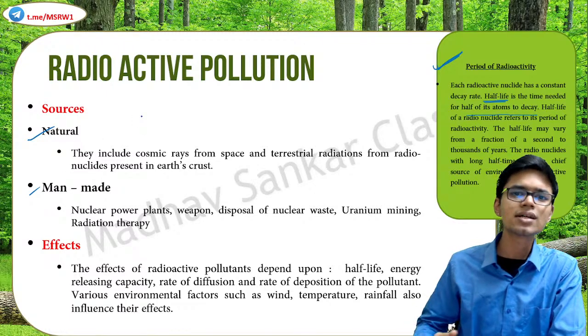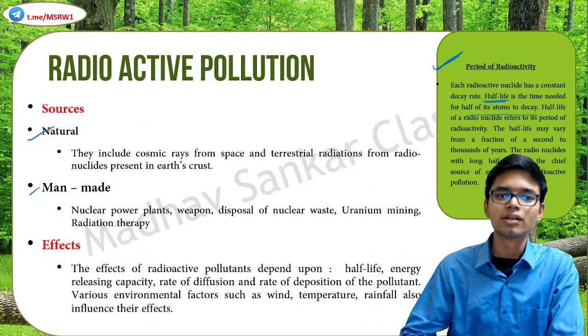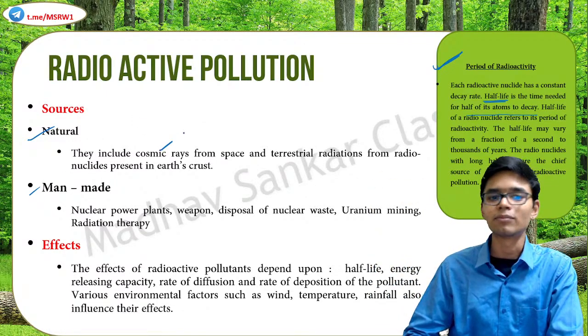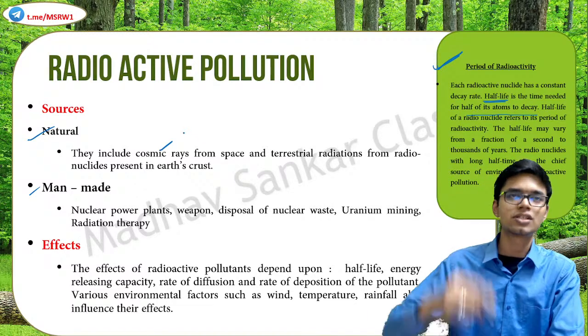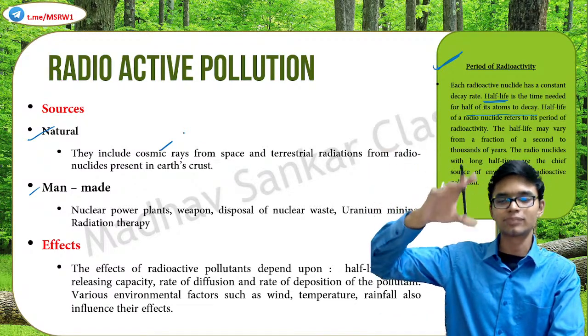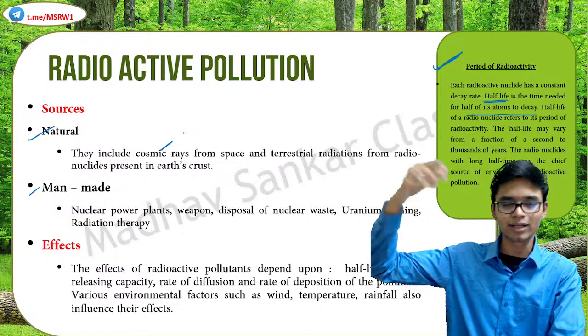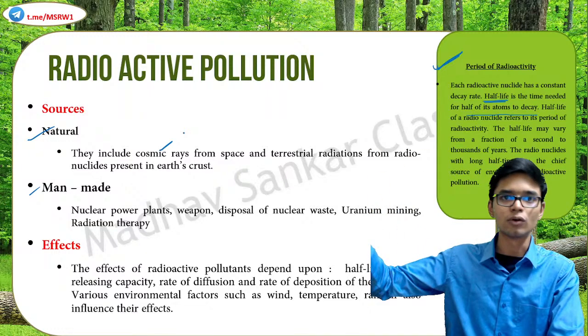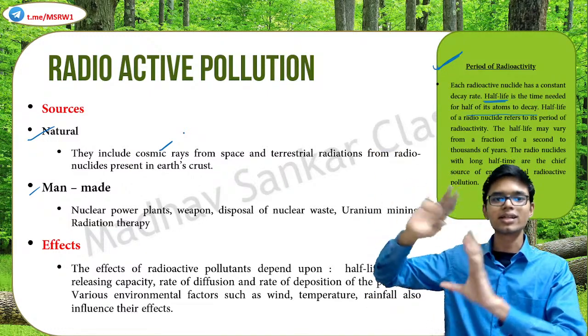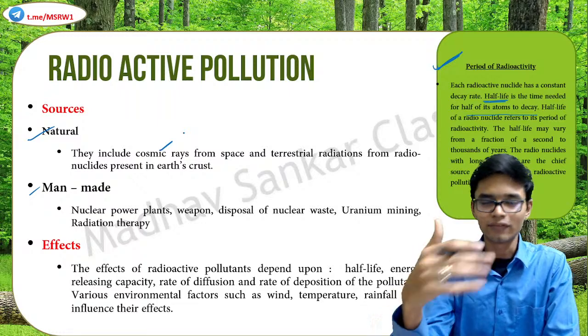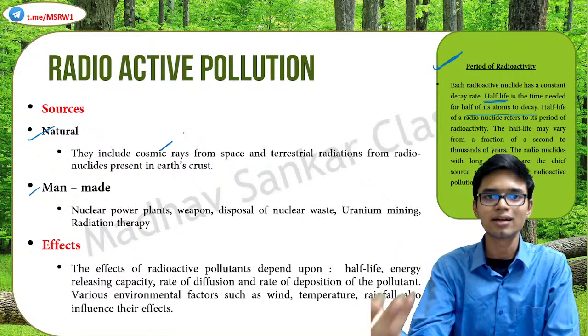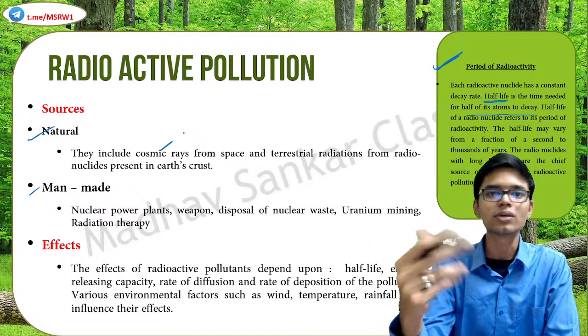Natural sources are from nature, like the cosmic rays from space. When stars explode, when stars become a supernova, then a white dwarf and then a black hole, stars and the sun emit different kinds of radiation. You know what happens in the sun and stars, right? There are two kinds of nuclear reactions that happen there.